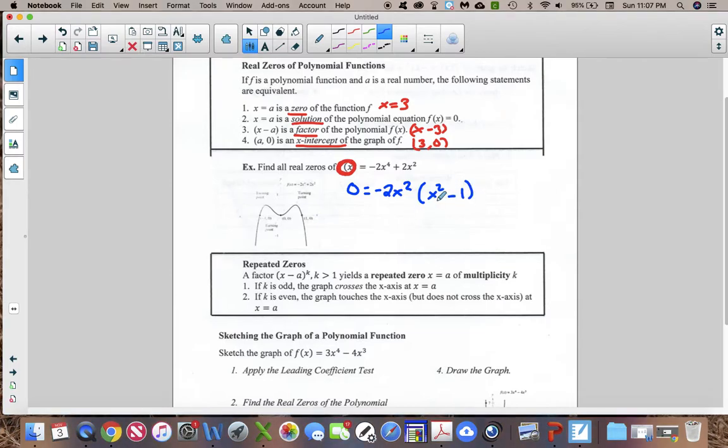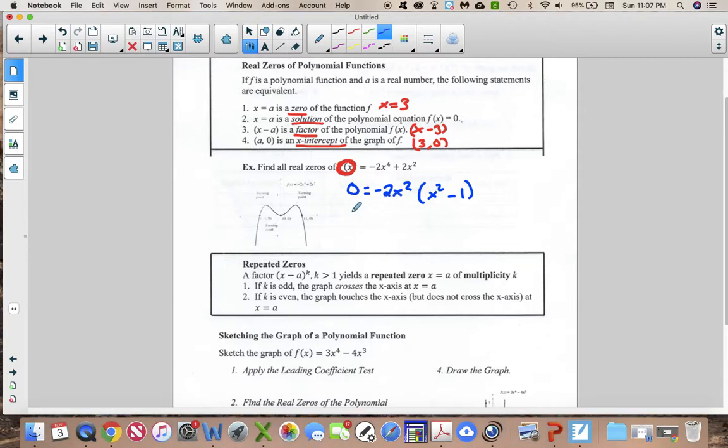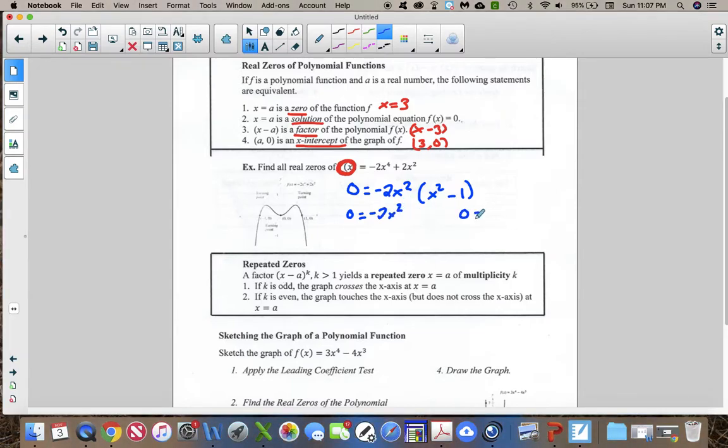That's what it will look like. Now that I have two separate pieces, it's broken down already. We can take negative 2x squared and set it equal to 0, and we can set x squared minus 1 equal to 0. Okay, so negative 2x squared equals 0.